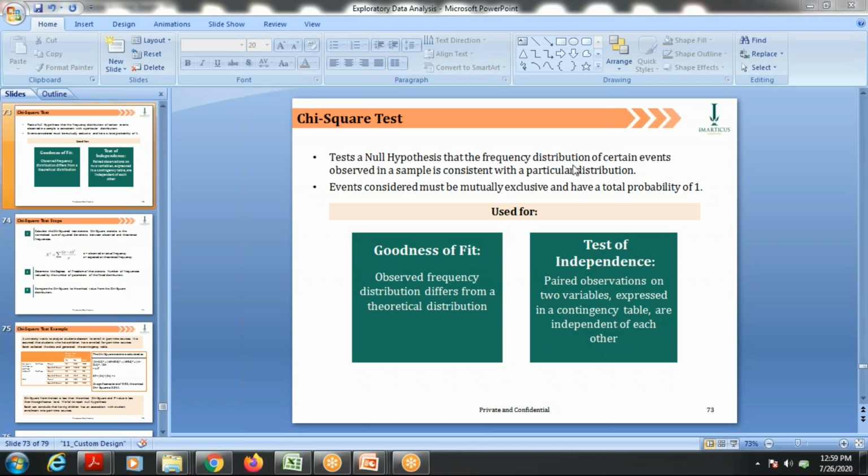Now, the events considered must be mutually exclusive and have a total probability of 1. Mutually exclusive means the littering behavior of female has nothing to do with the littering behavior of male. These are exclusive. Is that clear?